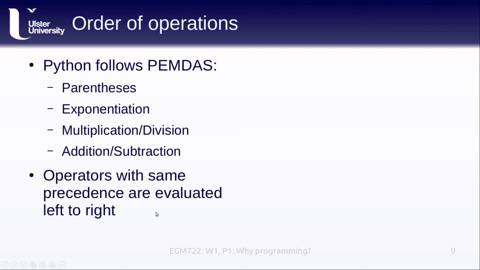Operators that have the same precedence, so multiplication and division, or addition and subtraction, are evaluated from left to right. So we're following this order of operations, but if we have multiple operators of the same type, so multiple division statements or multiple multiplication statements on the same line, then it evaluates moving from left to right.